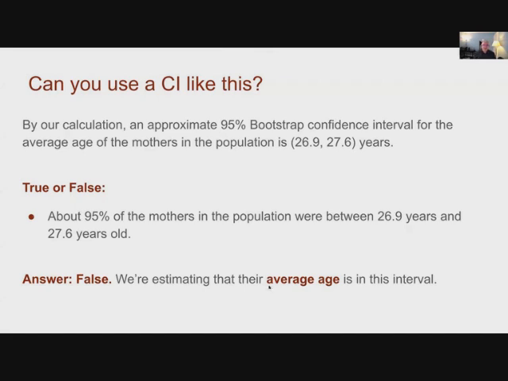We are estimating the average age in this interval. So we're not saying that all mothers are between that. We're saying that the average of the population falls within that range. It's our estimate, we're giving an estimate.